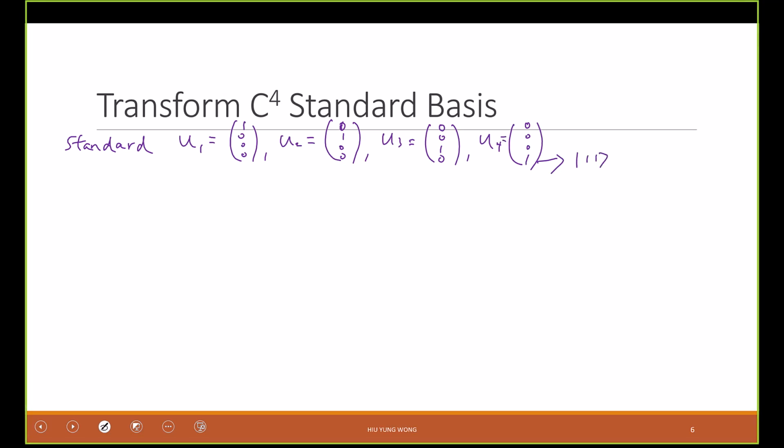Is that okay? And there's another basis which we talked about earlier, the Bell states. I don't know if you remember what they are. First, phi plus, which is 1 0 0 1, but I need the square root of 2, so 1 over square root 2. Phi minus equals 1 over square root 2 times 1 0 0 negative 1.